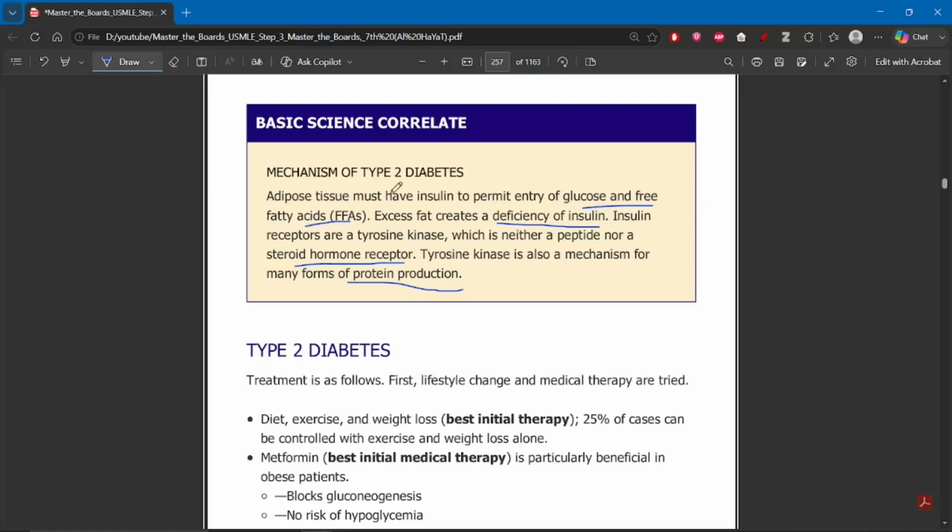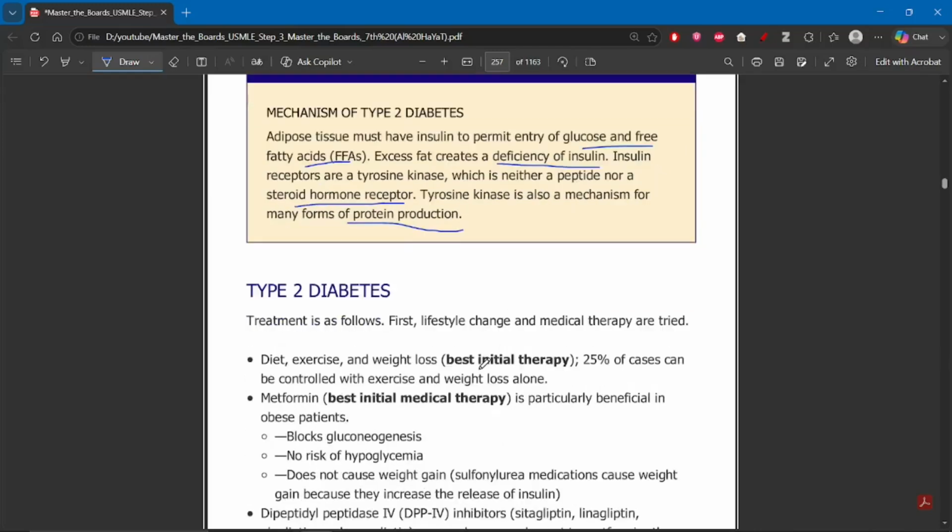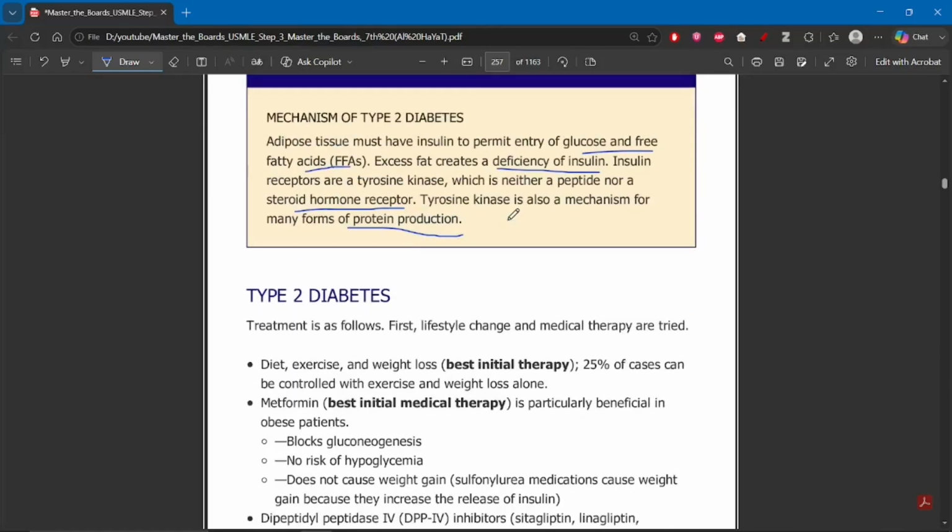So if you don't have insulin, the fat is going to deposit at the periphery, and there's going to be constant hyperglycemia in the blood because the glucose will not have any other place to enter. And insulin receptors are tyrosine kinase receptors. So you do require tyrosine kinase receptor to be present there in order for insulin to work.